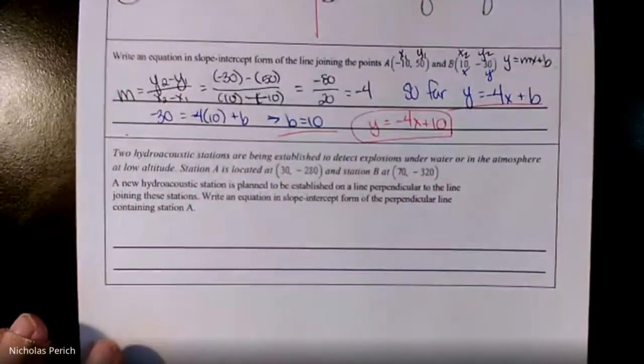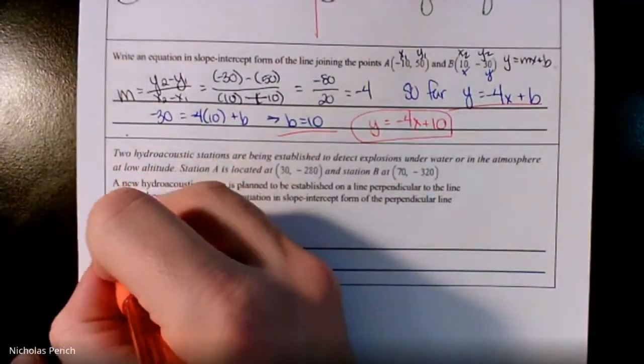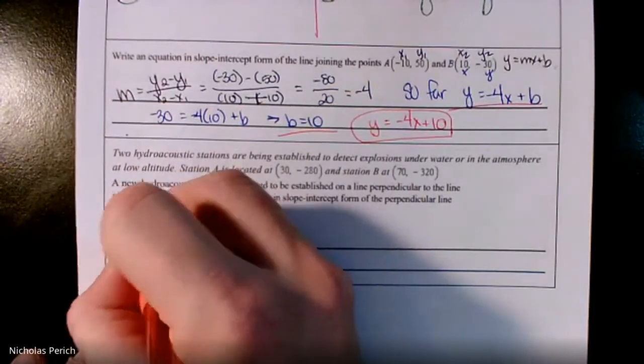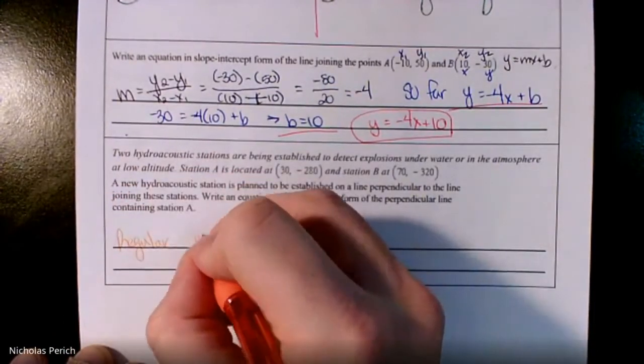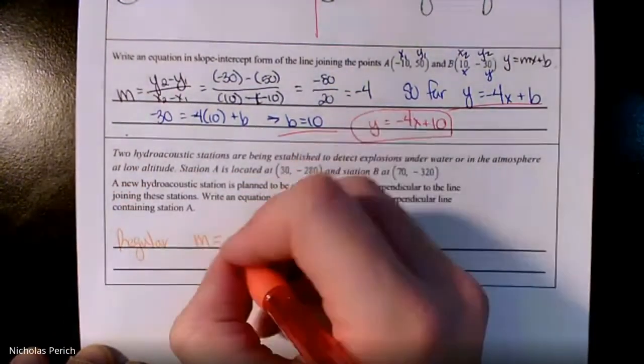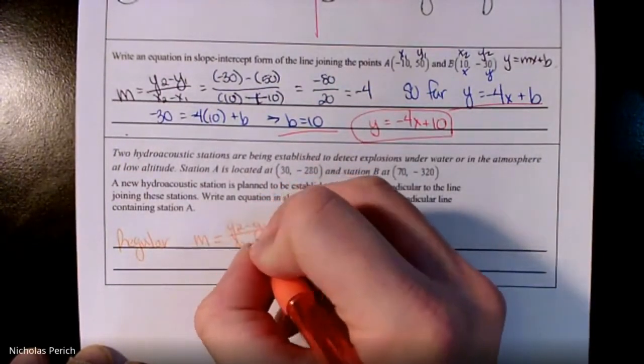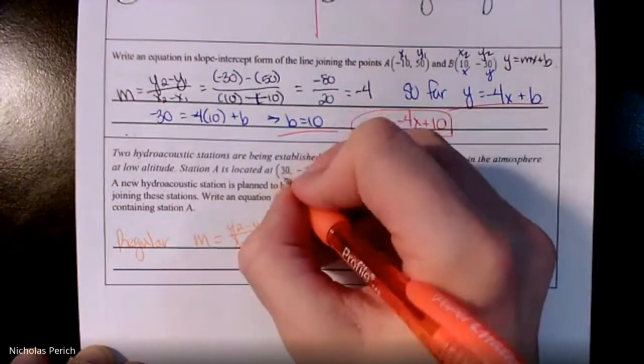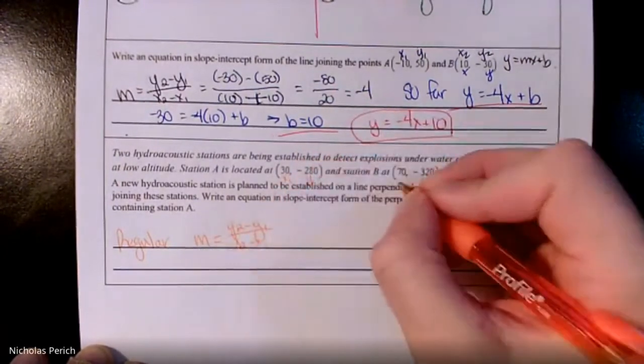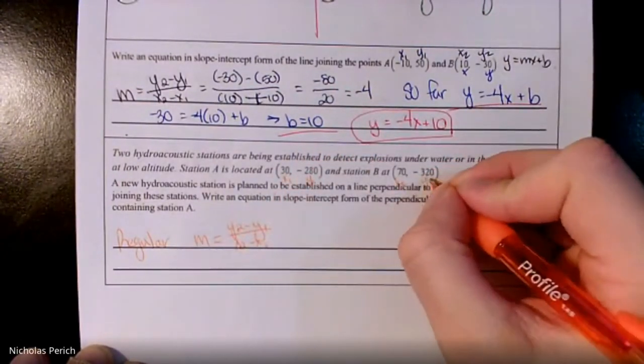Let's do that first. I'll call this regular m. Regular m is going to equal y sub 2 minus y sub 1 over x sub 2 minus x sub 1.